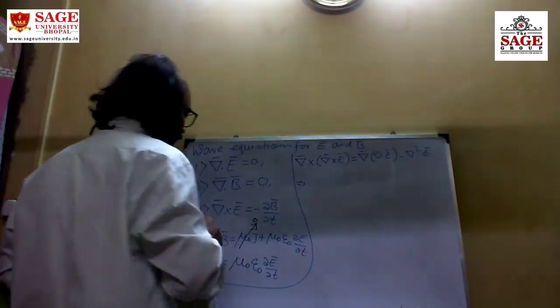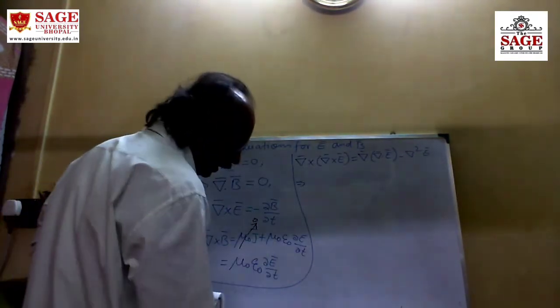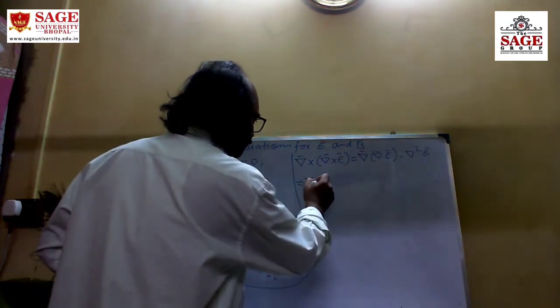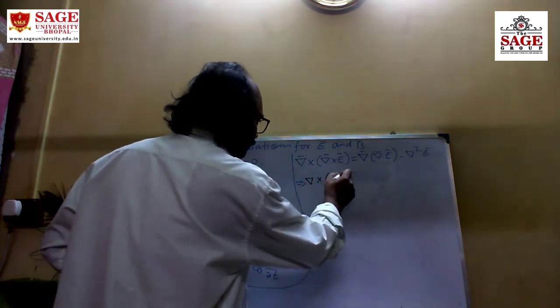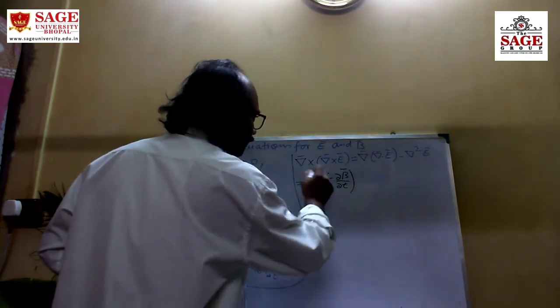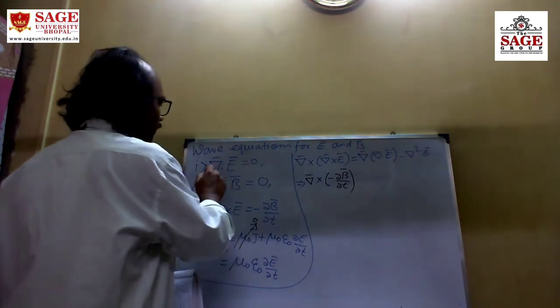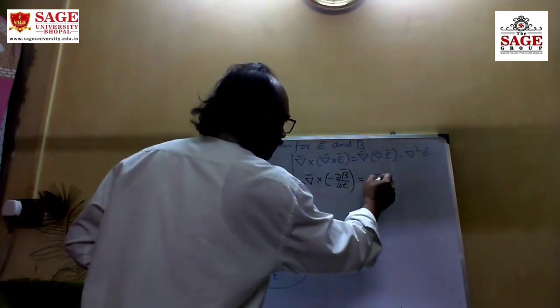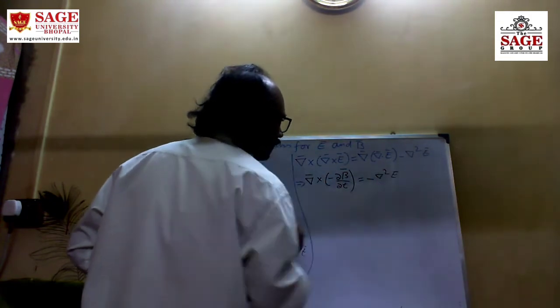Now we know curl E is equal to minus del B by del t, so we'll put that one. Del dot E is 0, therefore only we are going to have del square E on the right hand side.